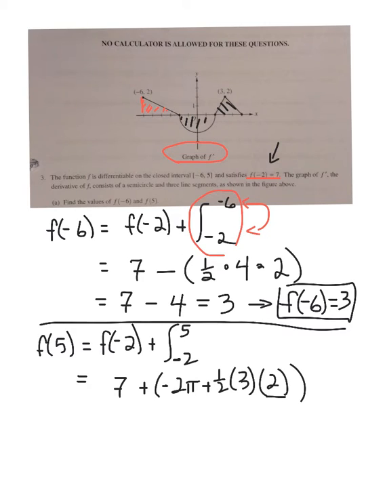So this right here would be 3. Then we have 7 minus 2 pi plus 3, which is going to give me 10 minus 2 pi.